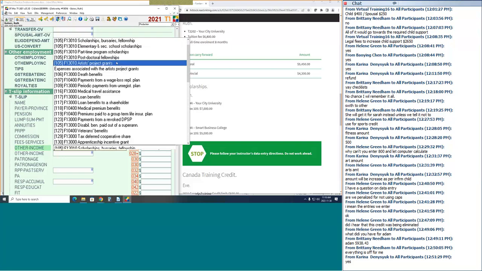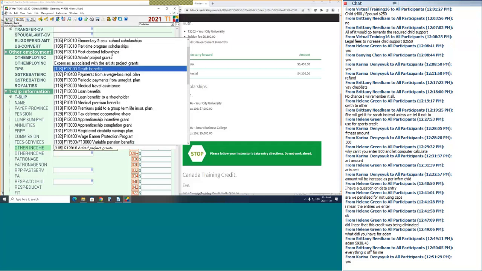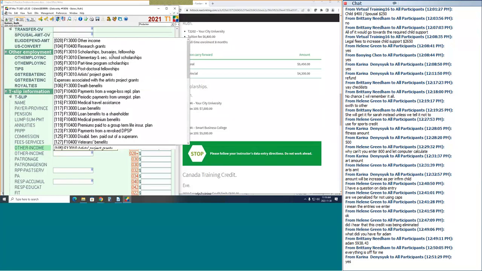And then the other tricky ones we get, if it's an artist project grant, you can put the artist project grant, but you're going to have to tell the computer what the expenses were, so you'll have to reduce it by the expenses, and you do that manually. Then you put a note in your file saying why it's reduced so that if it gets audited, or I should say when it gets audited, you can prove it. So you have to really be careful and make sure you are associating it with the right type of scholarship.